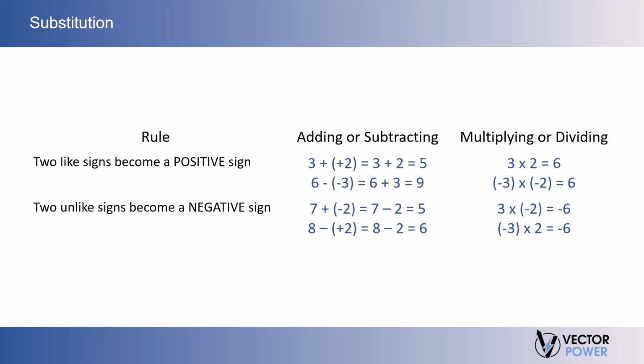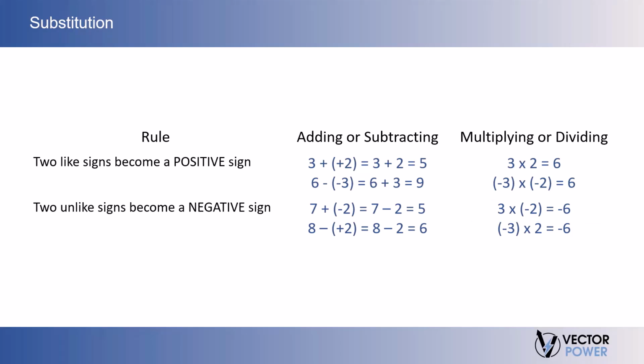Now, 2 unlike signs become a negative sign. So again, in adding and subtracting, if we were to have a 7 plus a minus 2, that would equal 7 minus 2, and that would equal 5. Okay, multiplying or dividing, if we were to have a 3 times a minus 2, that would equal a minus 6.